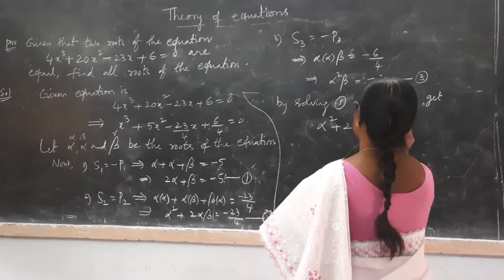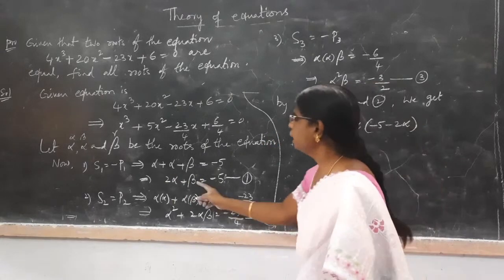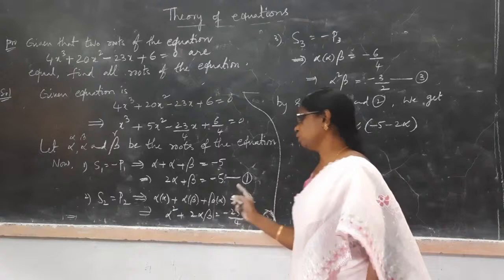Minus 5 minus 2 alpha. Beta is equal to minus 5 minus 2 alpha.